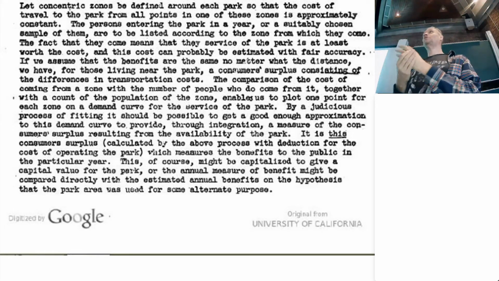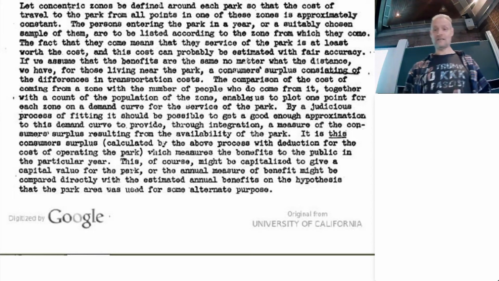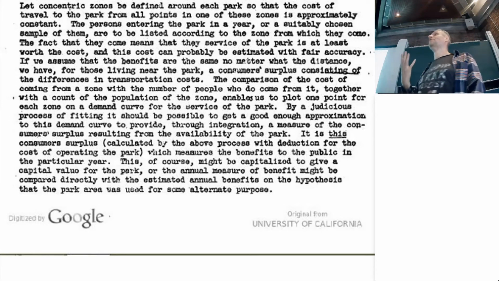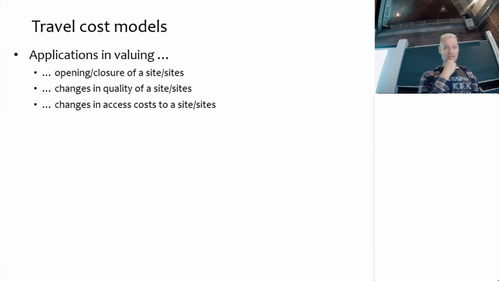And from that you derive a demand function, and then you integrate under that demand function. Right? That's the principle. And again, it sounds trivial and intuitive, right? Can be applied to all sorts of things. Opening and closure of sites, that's what Hotelling was talking about. Changes in the quality of the site, and also changes in the access cost to the site.